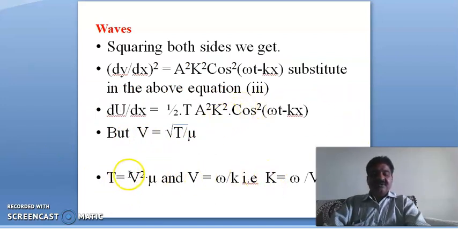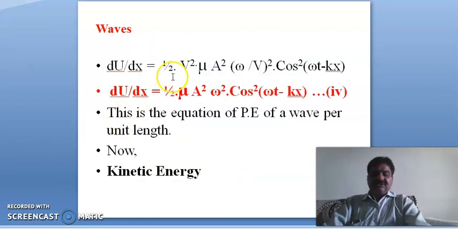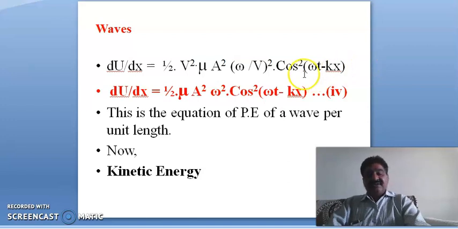Then instead of T, what we put here? v square mu. And instead of k, omega by v. Now what happens we see. So half v square mu, a square as it is. And instead of k square, let's write omega by v, whole square, as square was there. Cos square(omega t minus kx) as it is. This is an angle, so we are not squaring this term, remember.